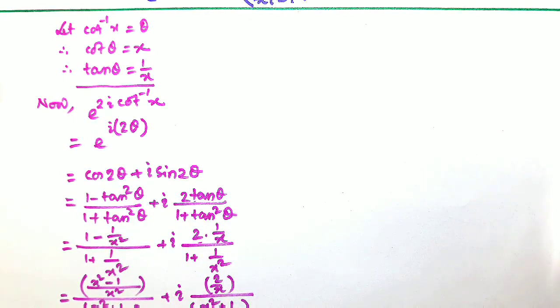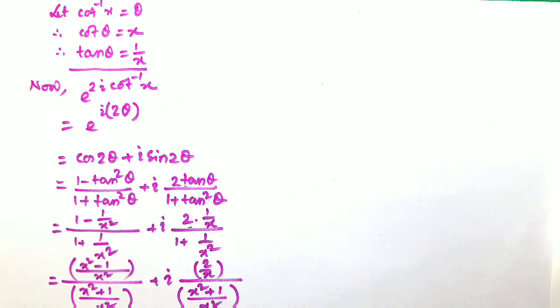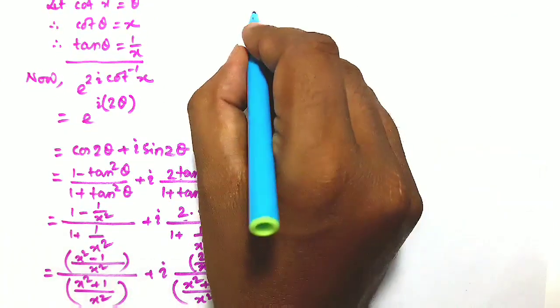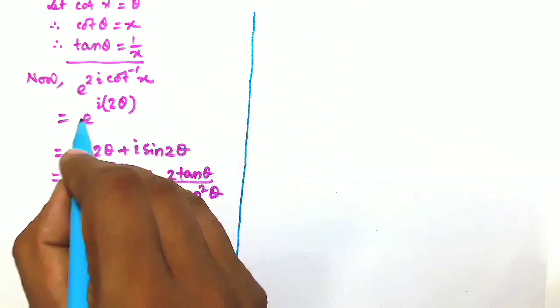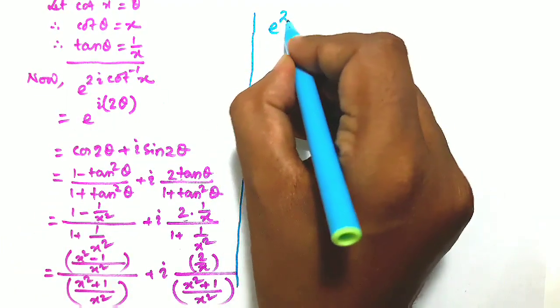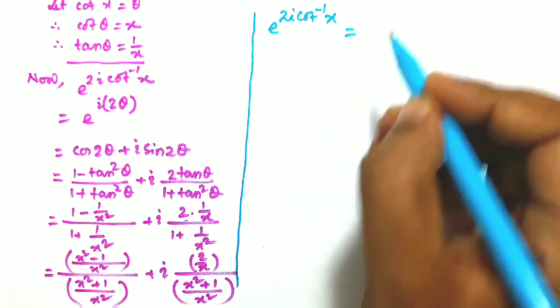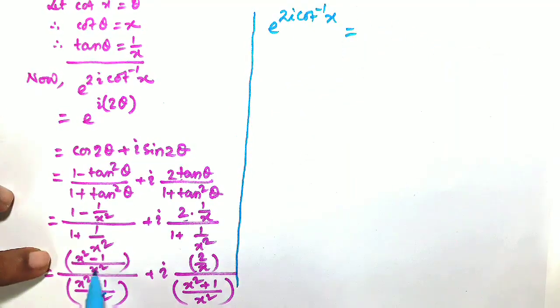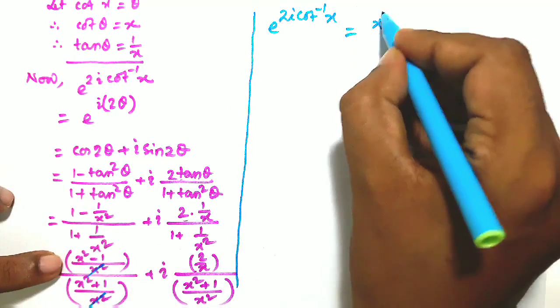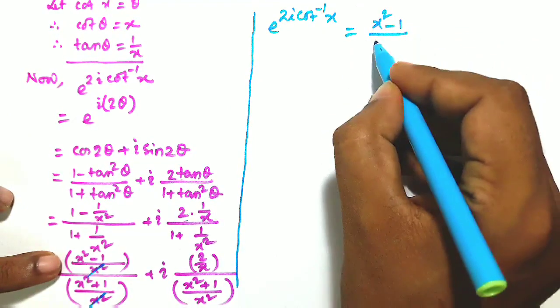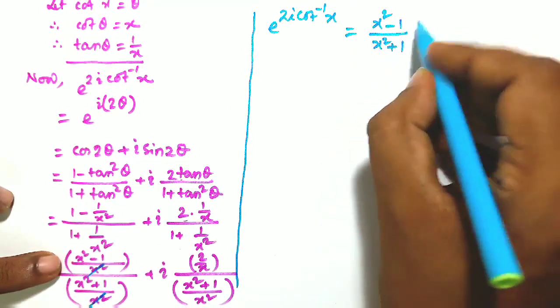Friends, now we can write it in this form. Again I write e to the power 2i cot inverse x as equal to, here x square is cancelled, so this is x square minus 1 upon x square plus 1. Okay.